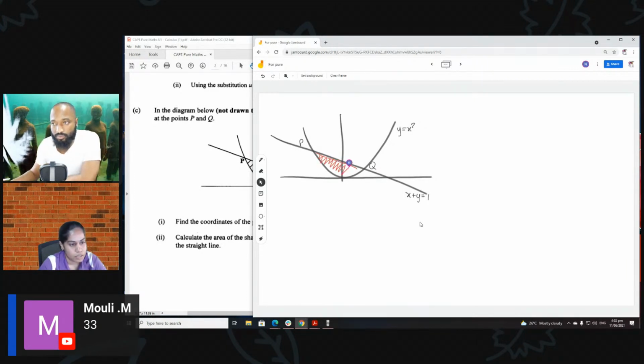So we're given the point found in the first part that the point P is (-2, 4), and Q is (1, 1). So that means that here will be -2 and here would be 1.